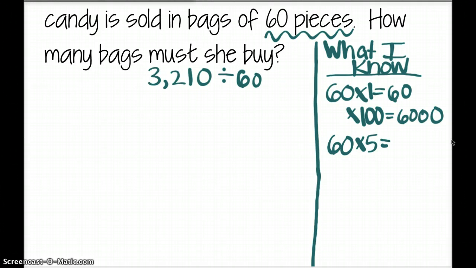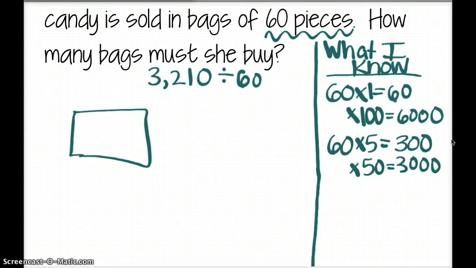60 times 5 is 300. So 60 times 50 would give me 3,000. So we're going to go ahead and start off with that. And I'm going to try to go kind of quickly here because I'm running out of time. So I'm going to put 50 up here and I'm going to subtract.